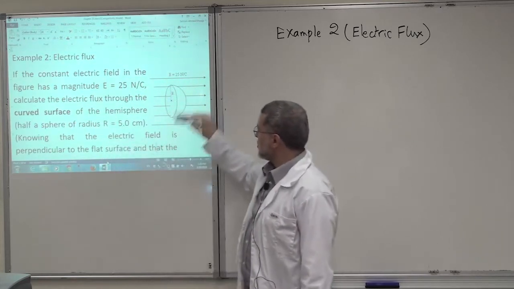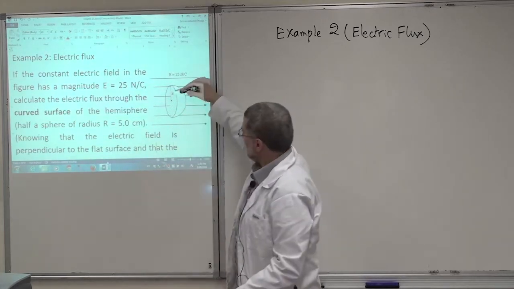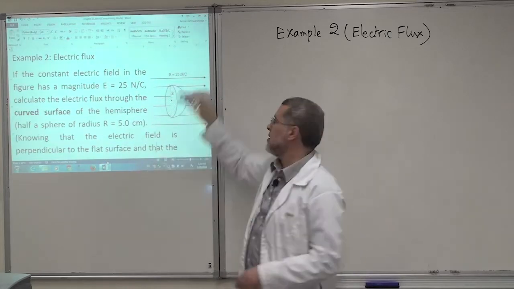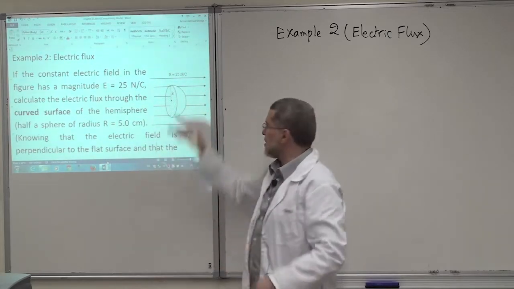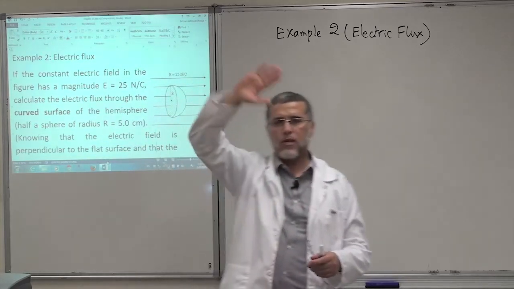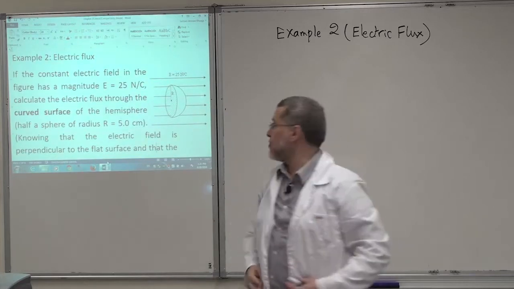You want the electric flux through the curved surface, not the flat surface. You see, this shape has two surfaces, the curved surface and the flat surface, and it's a closed surface.